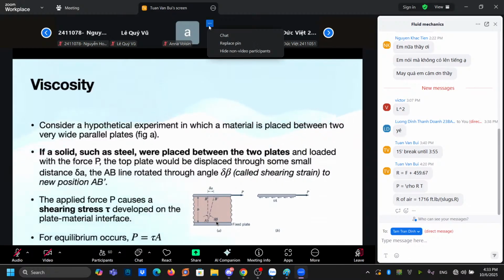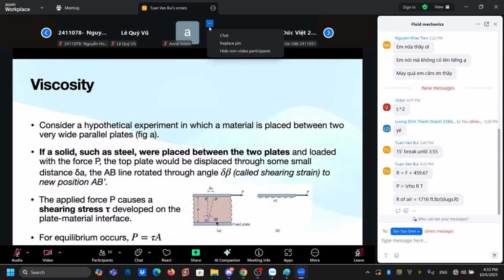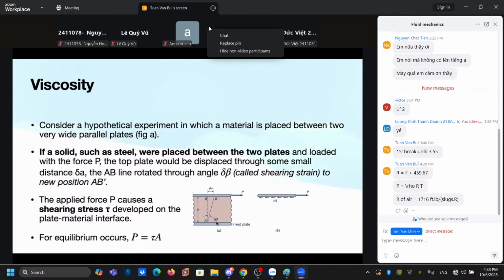Now, if we replace the solid with a fluid like water, we notice the major difference. The force P applied on the upper plate will move it continuously with velocity u, and this behavior is consistent with the definition of fluids.